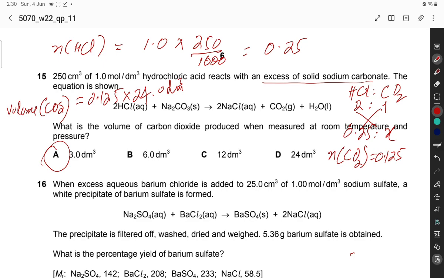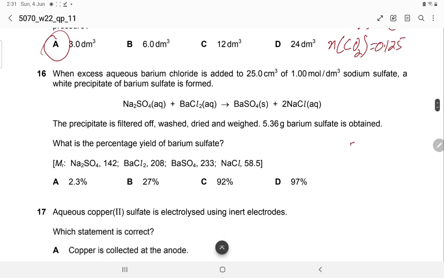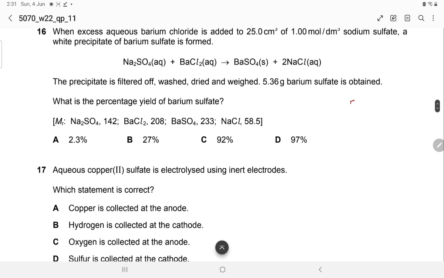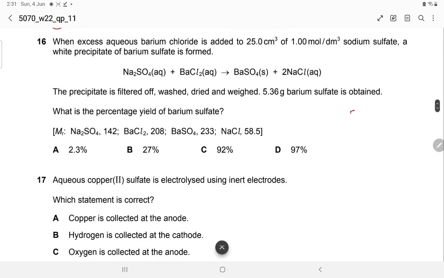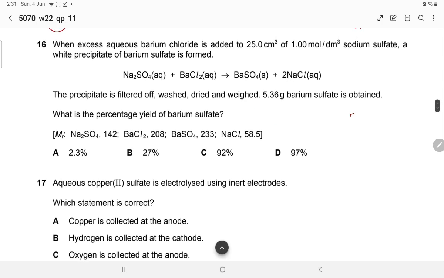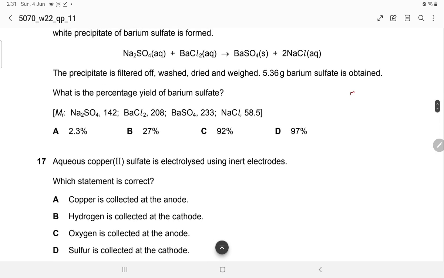Question number 16. When excess of barium chloride is added to 25 centimeter cube of 1 mole per dm cube sodium sulfate, a white precipitate of barium sulfate is formed. The precipitate is filtered, washed, dried and weighed. 5.36 gram of barium sulfate is obtained.